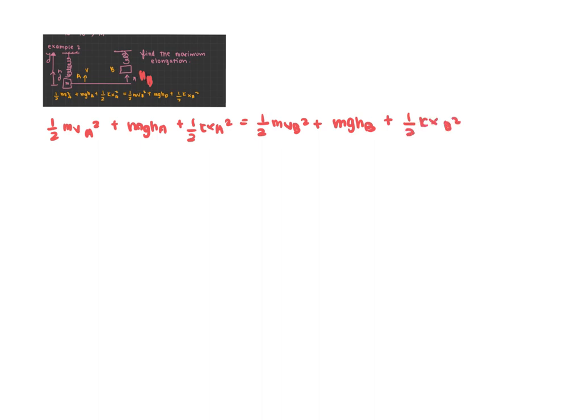Since we can choose anything, we can make it seem like this point A is on the floor, so that would mean that all that would be present is the kinetic energy. This would be 0, this would be 0 as well, this would be 0.